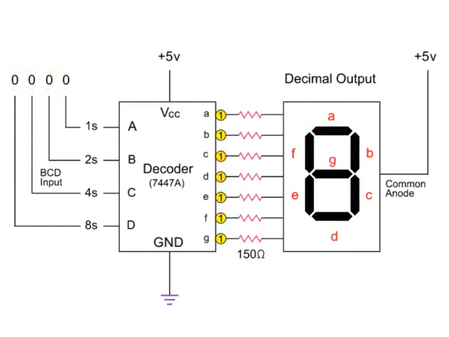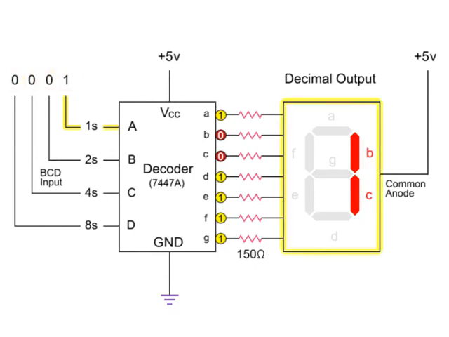If you want to display a 1, the binary sequence would be 0001. This input combination will cause outputs B and C to drop to low, thus causing segments B and C to activate and display. Keep in mind that you add together all the place values to get the number that will be displayed.